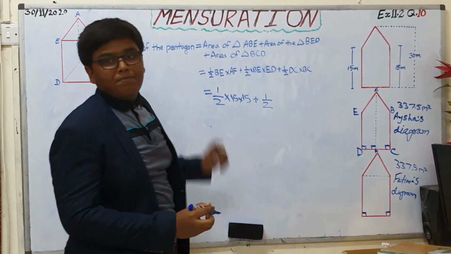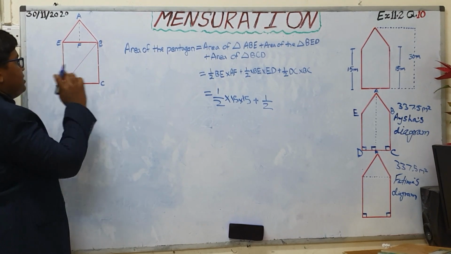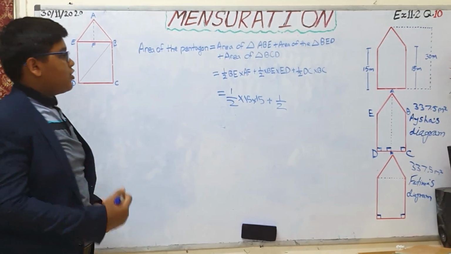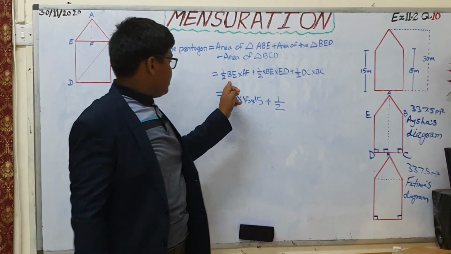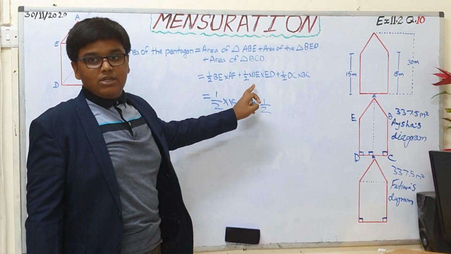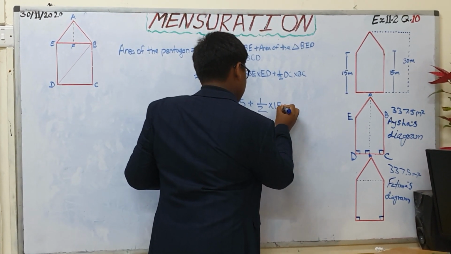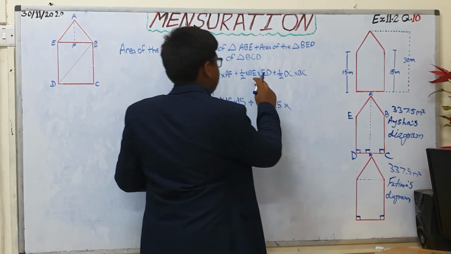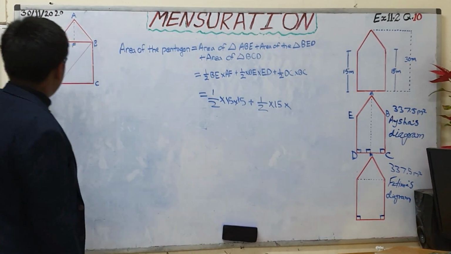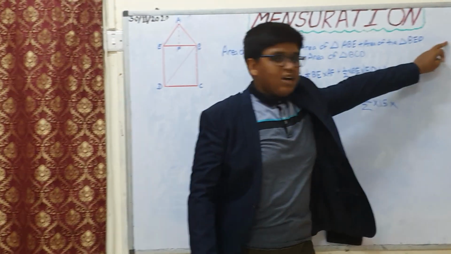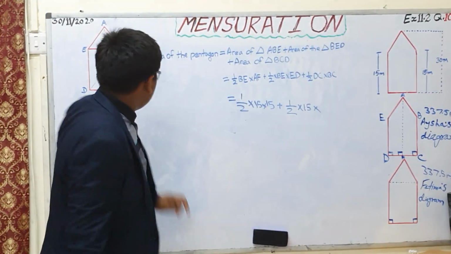Now BE, from here to here, is also 15 meters, and it comes again in the second triangle. So this is also 15 into 15. Then ED, we got this side as 15 meters. So this is also 15.